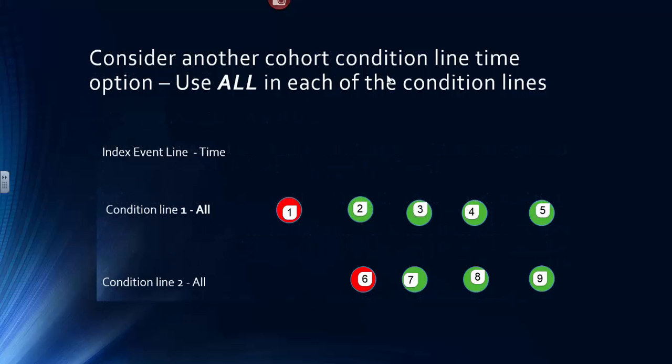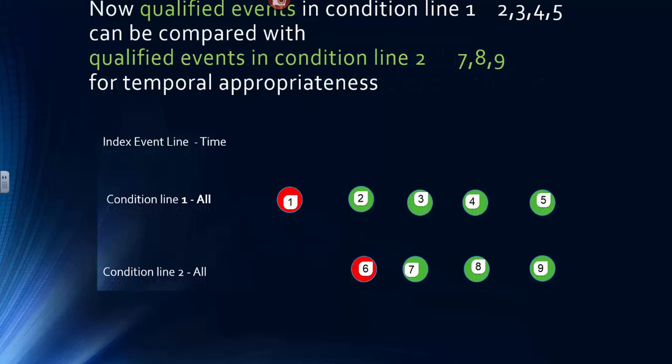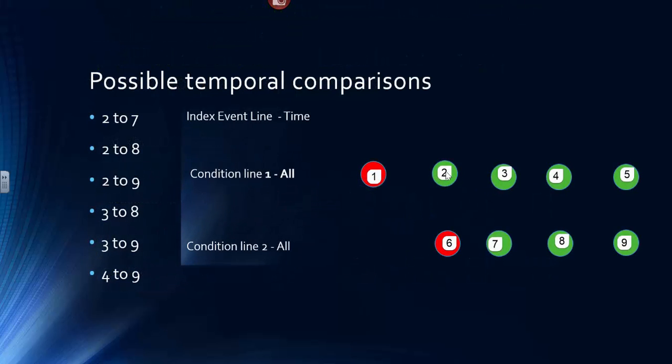Consider now another cohort condition line time option, where instead of earliest you have all. Now 2, 3, 4, 5 all qualify from condition line 1, and 7, 8, 9 all qualify from condition line 2. And your comparisons to establish the 0 to 30 days for the readmission are 2 to 7, 2 to 8, 2 to 9, 3 to 7, 3 to 8, 3 to 9, 4 to 8, 4 to 9, 5 to 9.